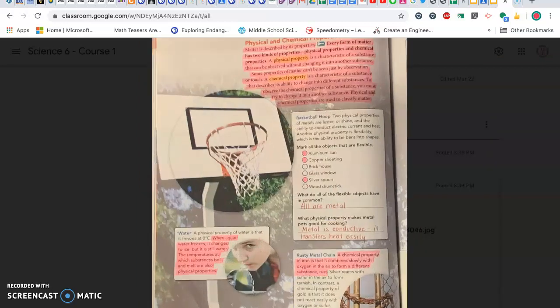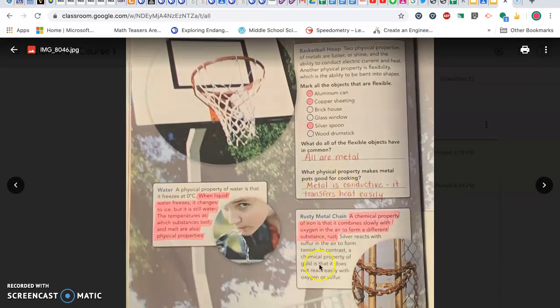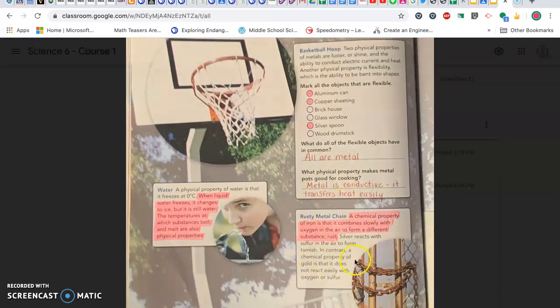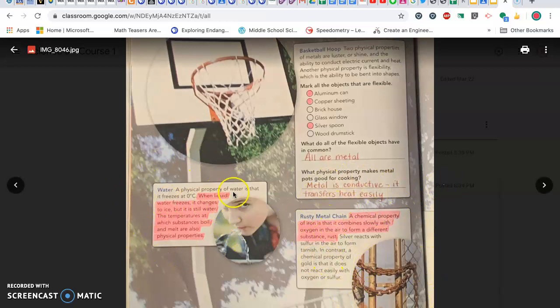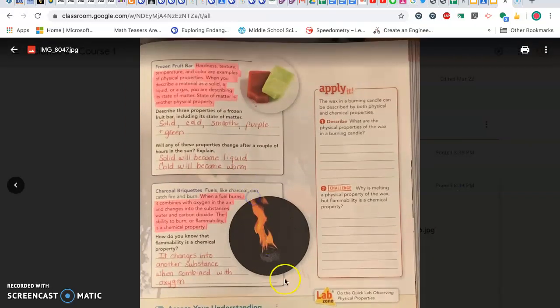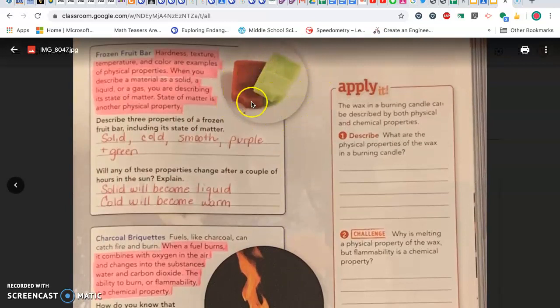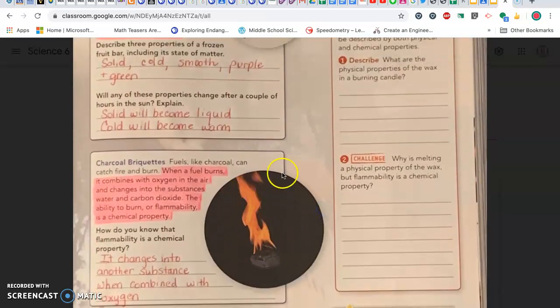Let me see what else. They talk about, here's an example of corrosion with rust. And then they talk about boiling point and freezing point. And then over here, again, they're talking about a phase change from a solid to a liquid. So that's a physical property. And charcoal burning.